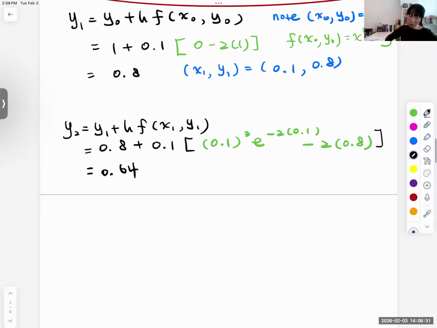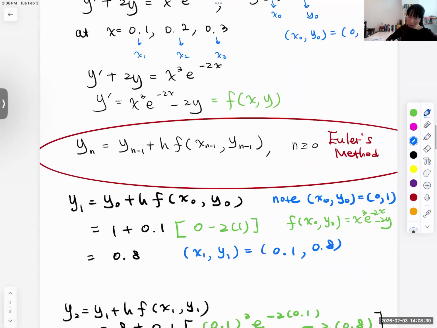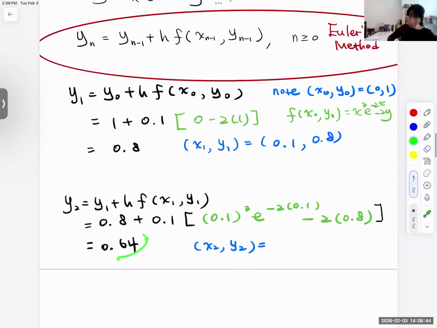Okay, so then we get x sub 2, y sub 2, which is x sub 2, 0.2, and y sub 2, 0.64. So 0.2 and 0.64. Okay, now the last one.